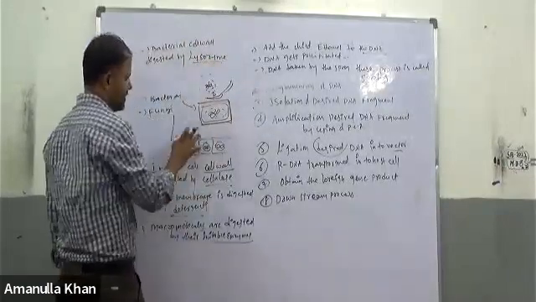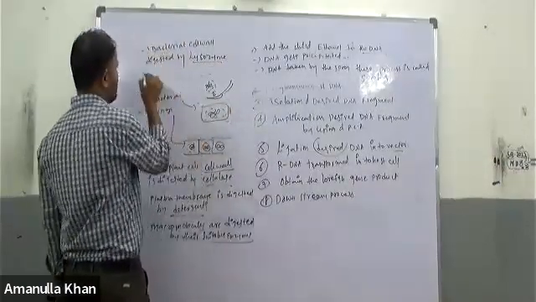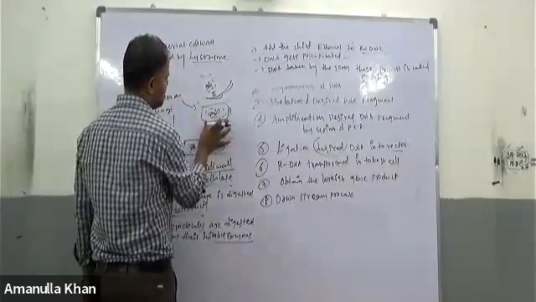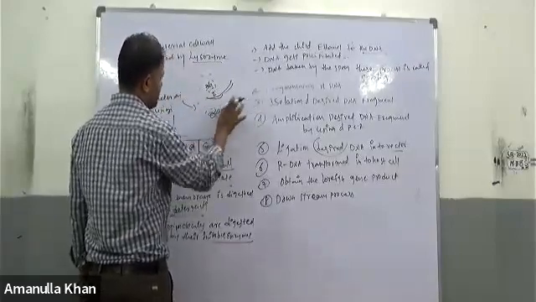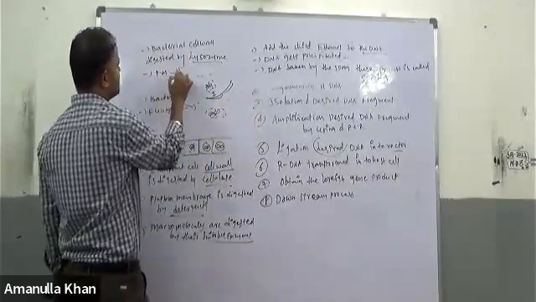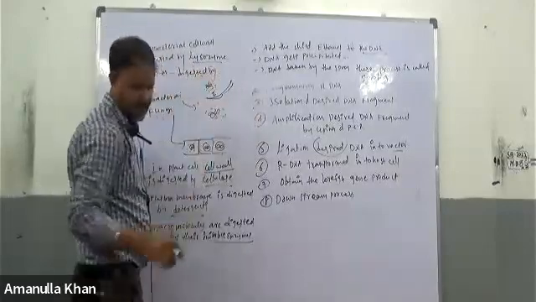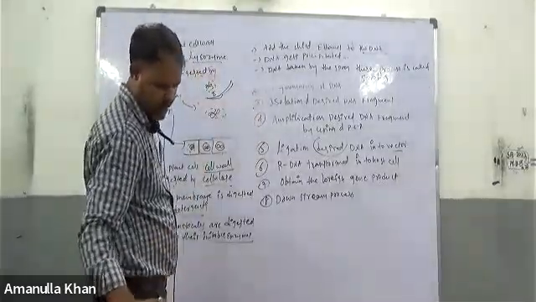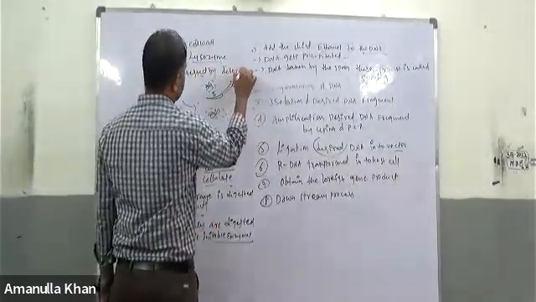After digestion of the cell wall, the plasma membrane is there. That plasma membrane is digested by what? Detergents. Plasma membrane is digested by detergents.